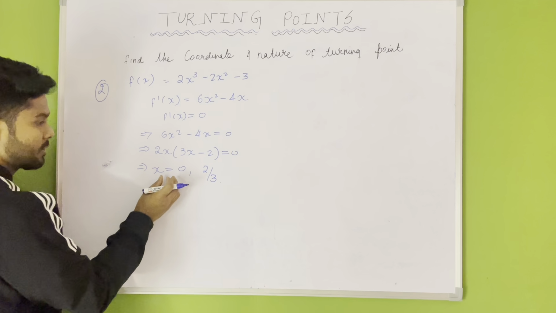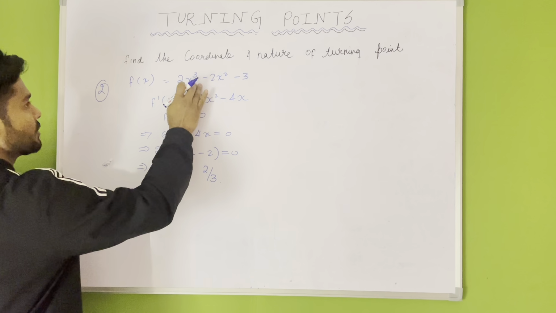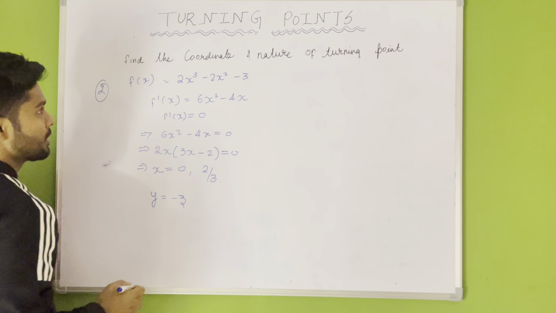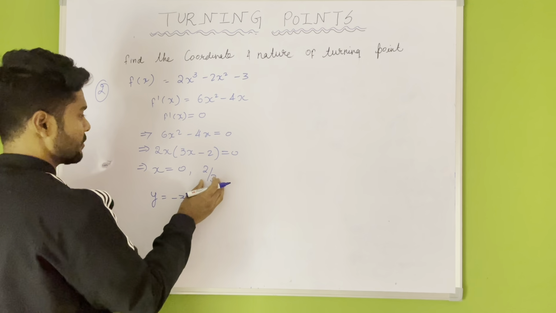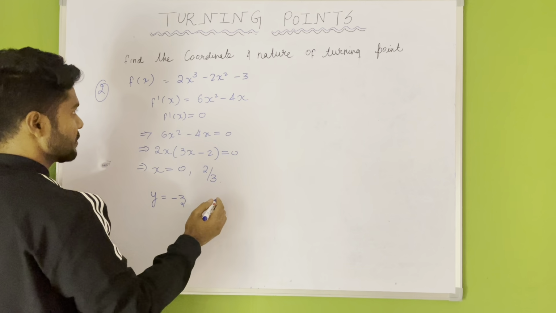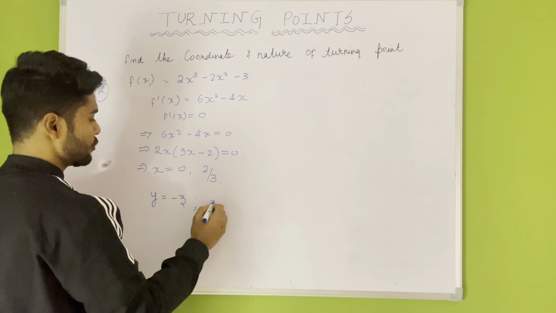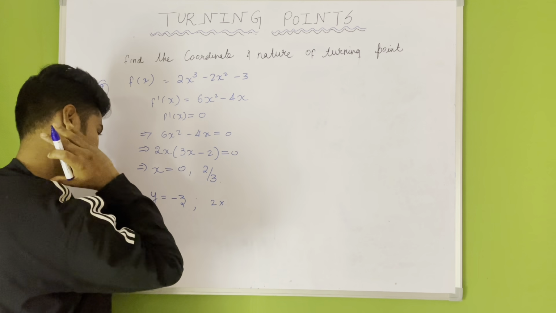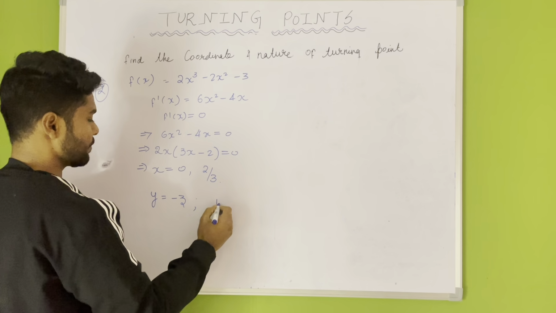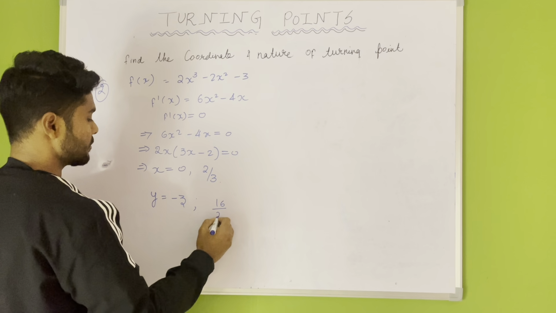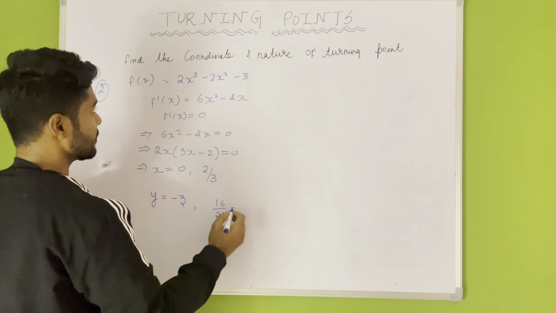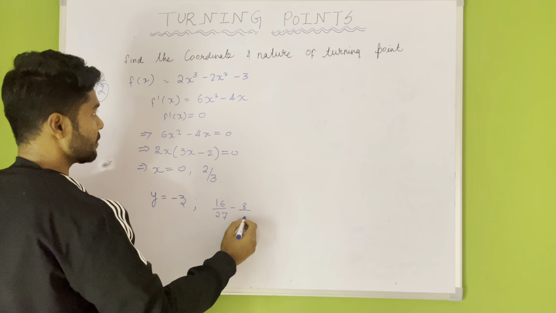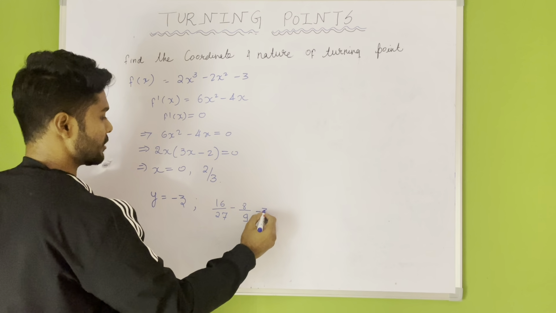Now when we put the value of x equals 0 in this equation, we will get y equal to minus 3. And now when we put x equal to 2 by 3 in this equation, let's solve. 2 into 2 to the 4, 4 to the 8, 8 to the 16 upon 27, minus 8 upon 9 minus 3.